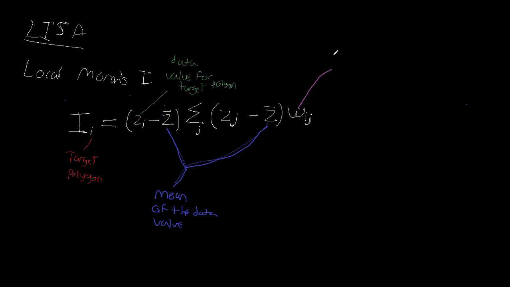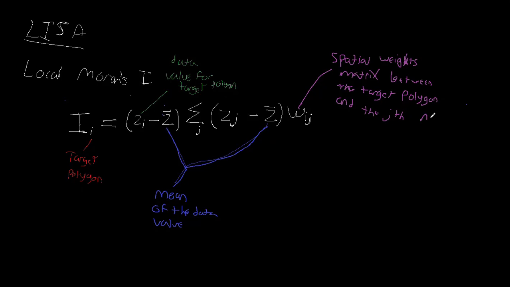This is the value of the spatial weights matrix between the target polygon and the jth neighbor.